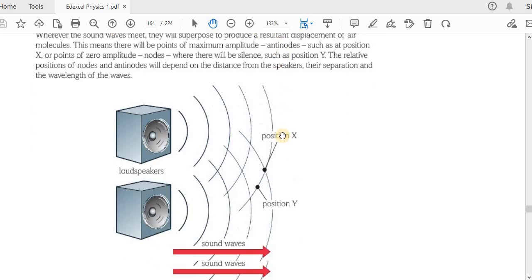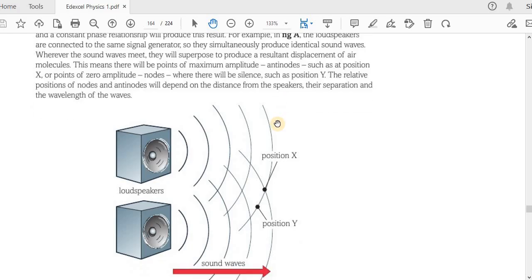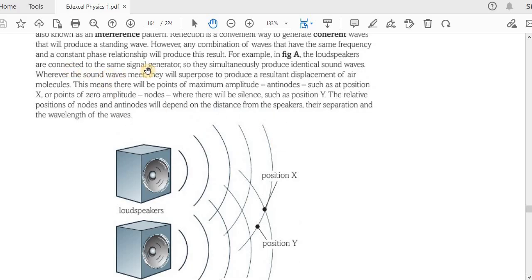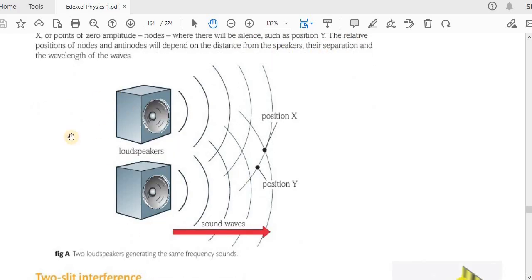For example, now let's look at this. The loudspeakers are connected to the same signal generator, so they simultaneously produce identical sound waves. Both of these are connected to the same signal generator. As soon as this cone of the loudspeaker moves forward, this also moves along with it. As soon as this moves back, this also moves back at the same time.